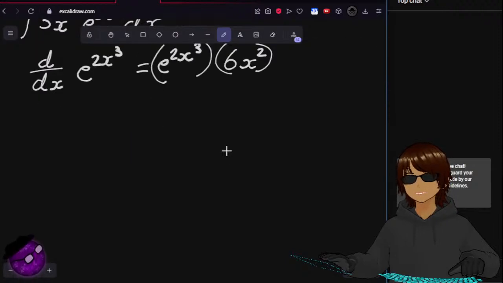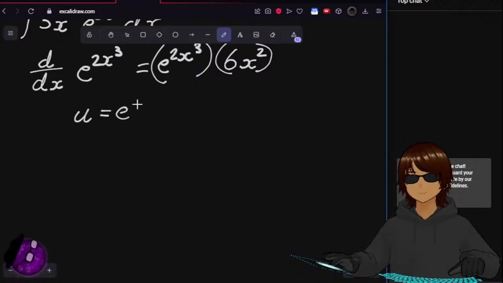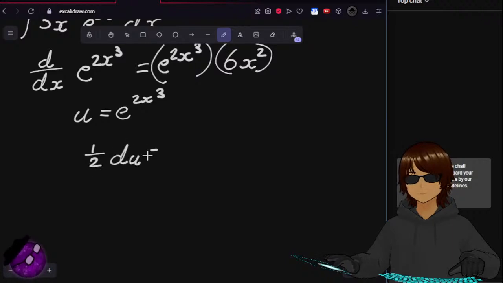So that means, let's say u is equal to 2x cubed. I can write this as 3 times 2 and put 2 to the other side. I split this into 3 times 2, and instead of 2 here I'm putting half here.